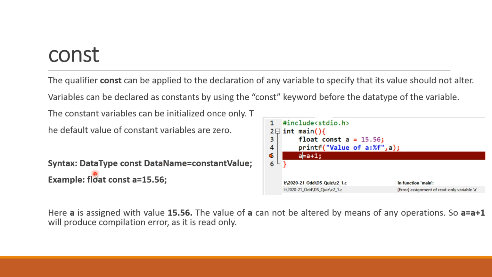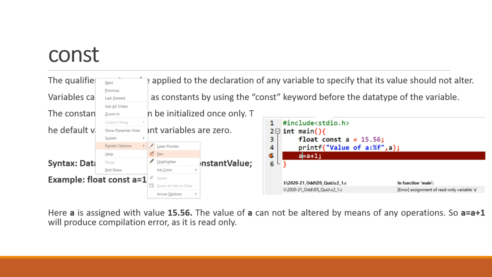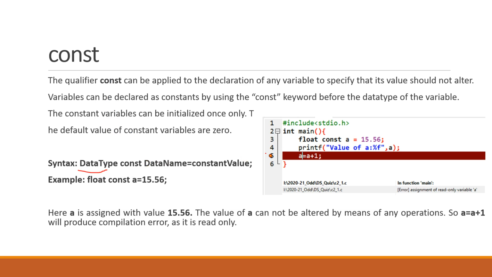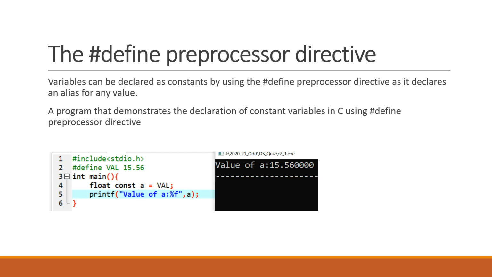Okay, the syntax is simple. The data type, in this case float, keyword const, data name A, the constant value 15.56.